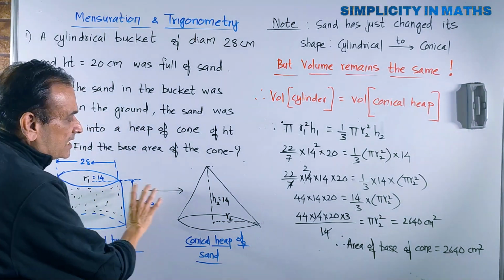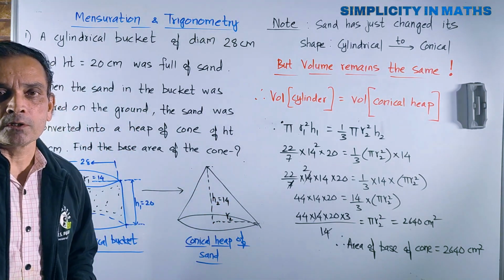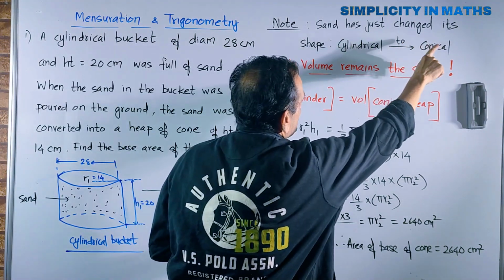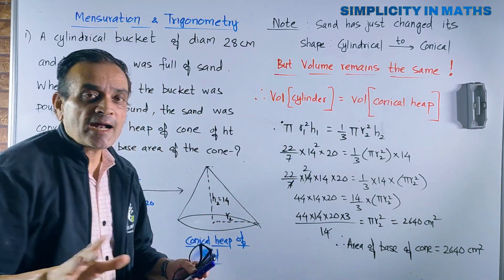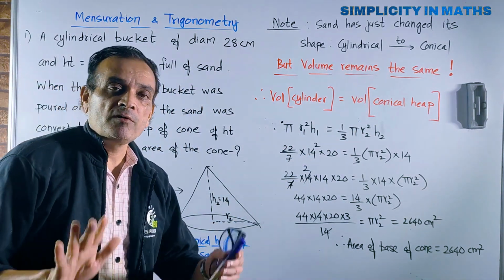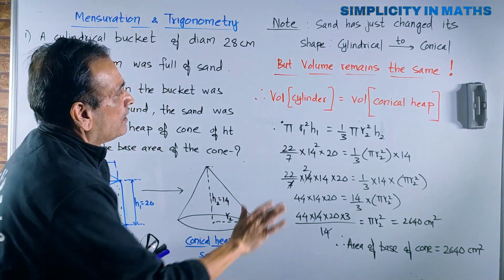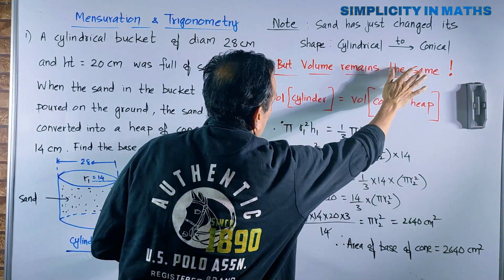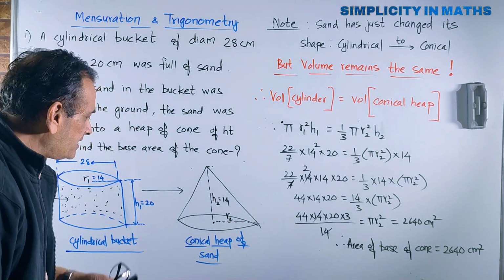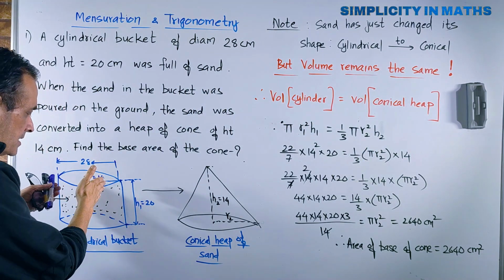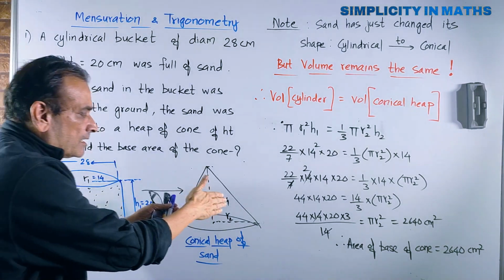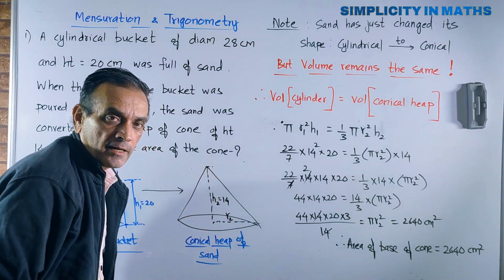So only shape has changed. Sand remains the same. When sand remains the same, volume remains the same. Now if you see in the diagram, ये सेम सैंड ग्राउंड पे आ गई है.